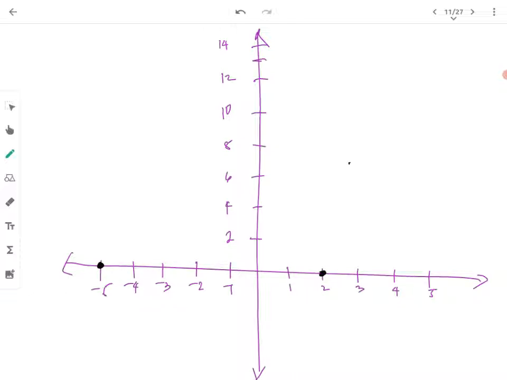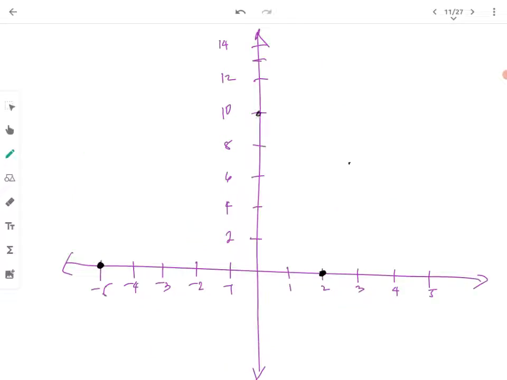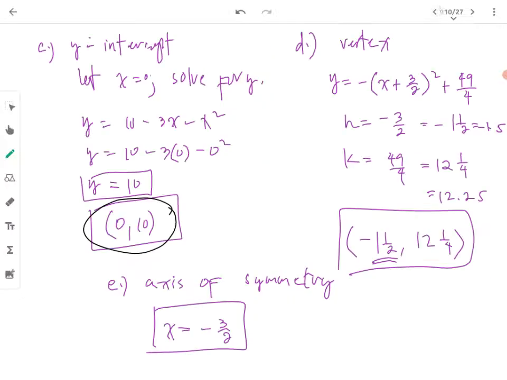Then after that it will pass through 0, 10 for letter C. That's 0, 10 here. Then the vertex is at negative 1 and 1/2 and 12 and 1/4.